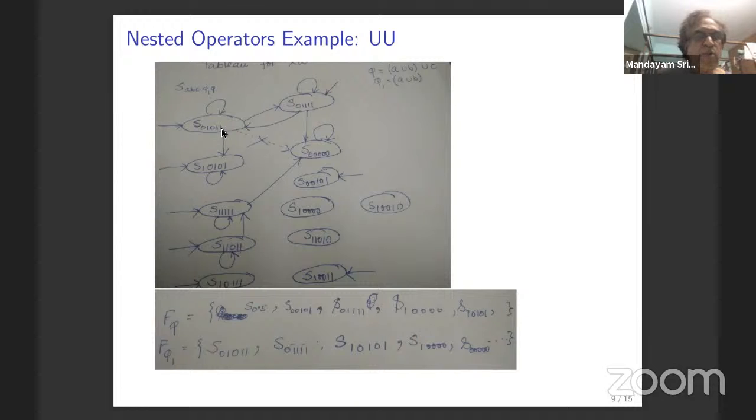Why? Because 0, 1, 0. As you notice, at least I have not included 0, 1, 0, 1, 0. Why do you think 0, 1, 0, 1, 0 is not possible? That's a good question.